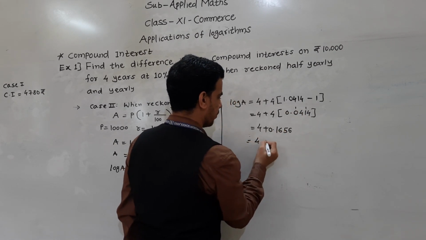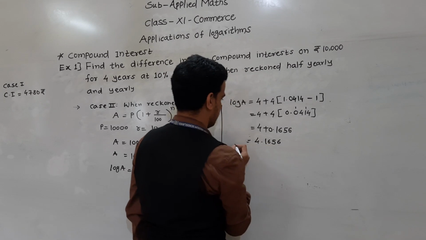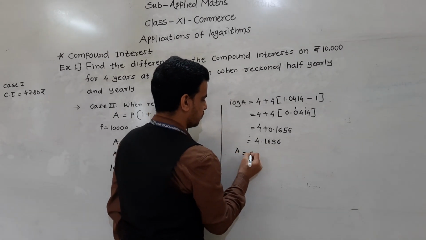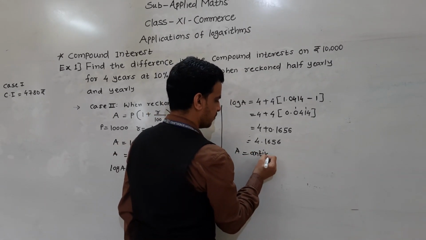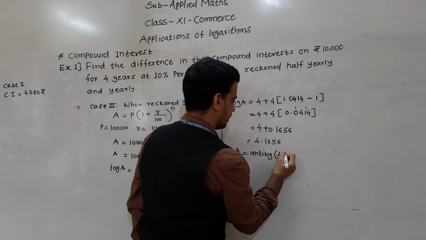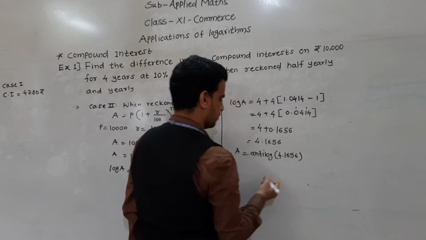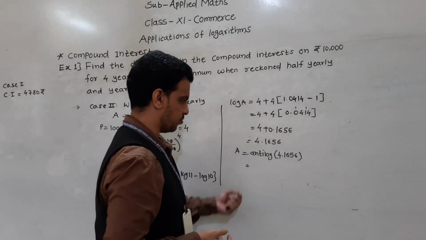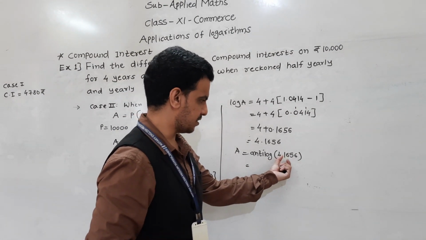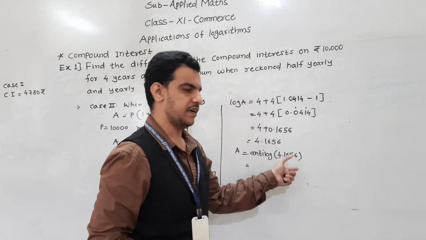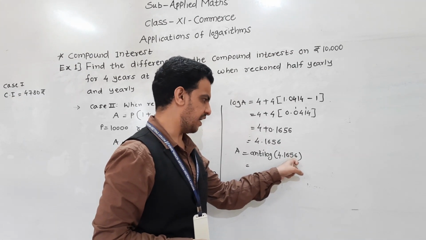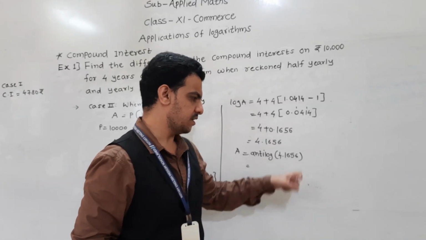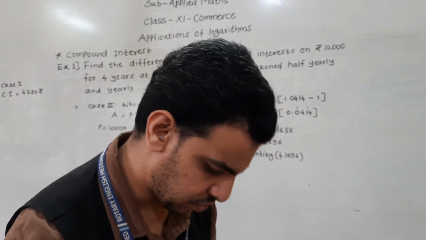So 4.1656. So A is equal to anti-log of 4.1656. Okay, so characteristic is 4. So we have to see the 16th row and column headed by 5, and mean difference column headed by 6, in anti-log table.